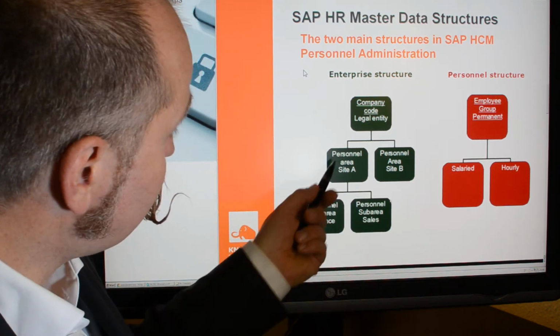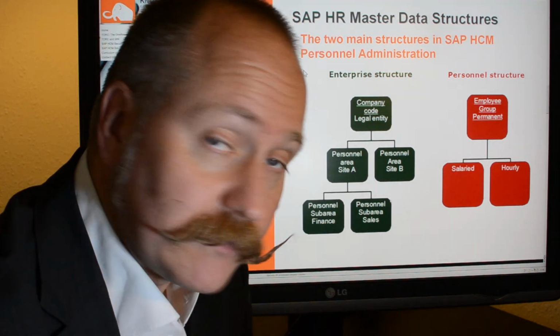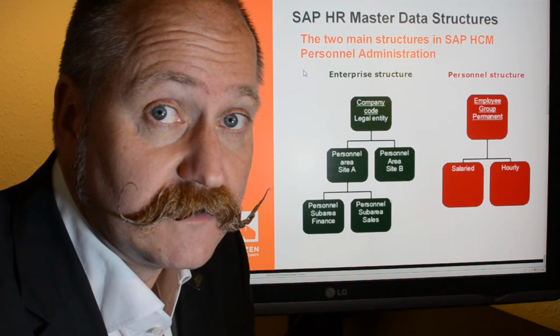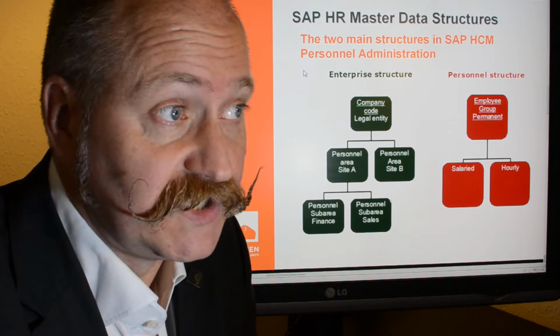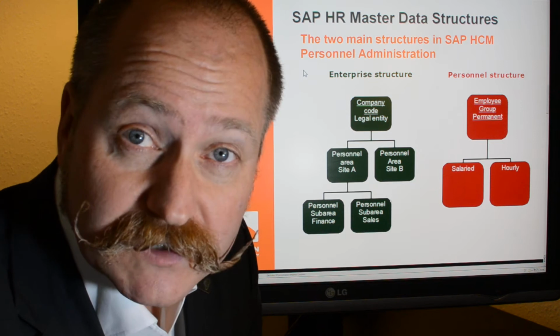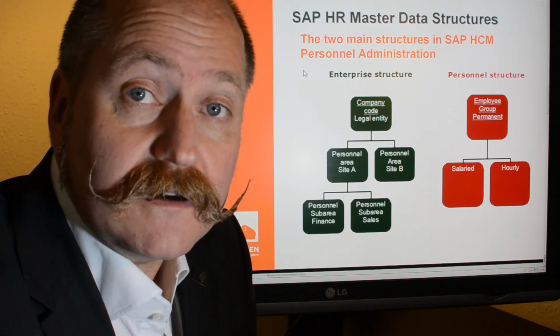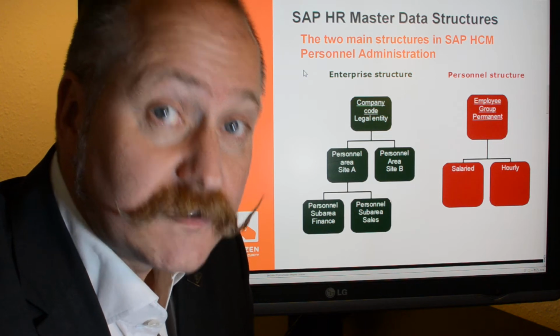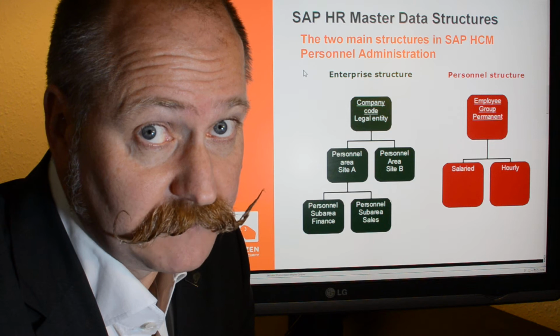Underneath the personal area we have the personal sub area, and the personal sub area can reflect functions such as finance. It could be sales, it could be production, or shared service center. So this is the enterprise structure, company code, personal area and personal sub area.